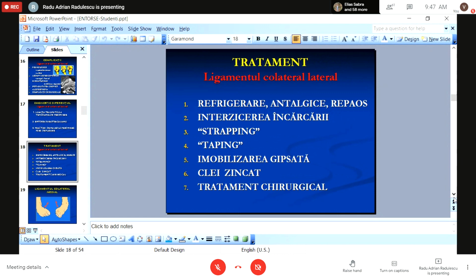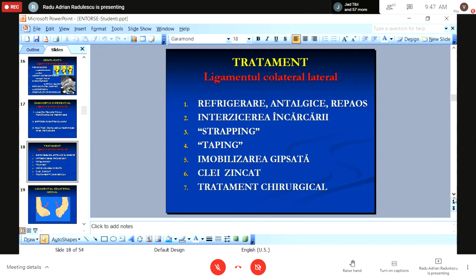How do we treat the acute ankle sprain? Well, the treatment depends on the type of the sprain. In a type 1 sprain, like I said, we don't have a macroscopic lesion of the ligament. We can treat it with rest, anti-inflammatories, painkillers, and refrigeration of the area.